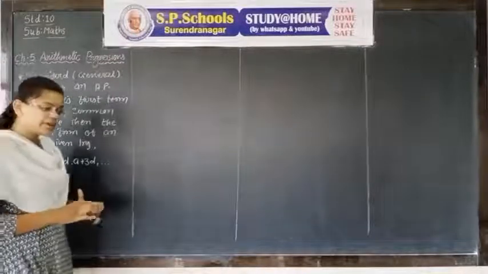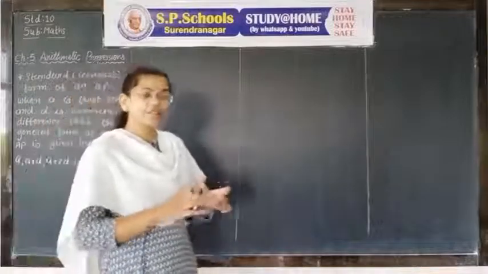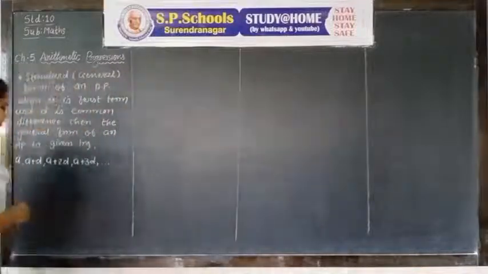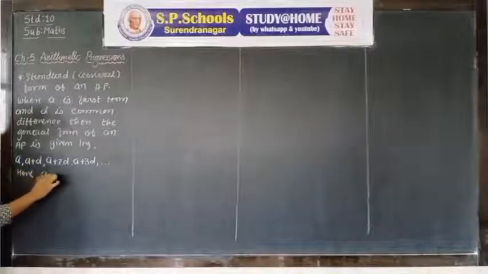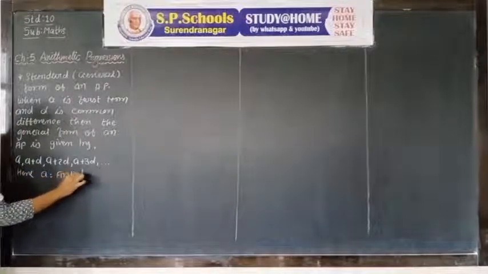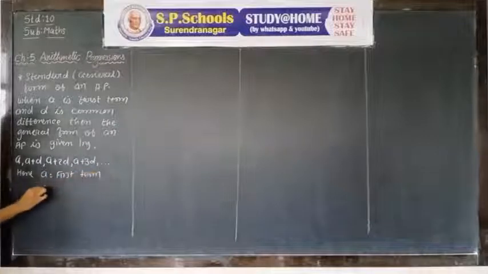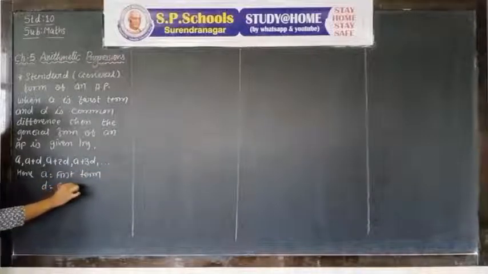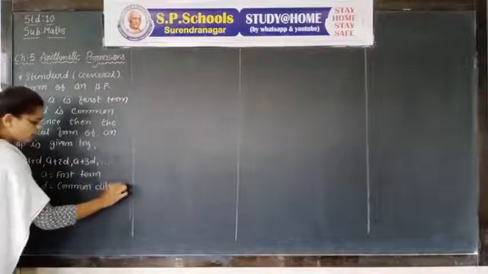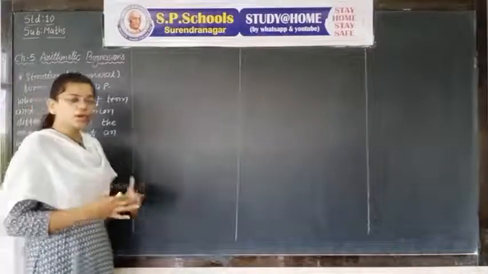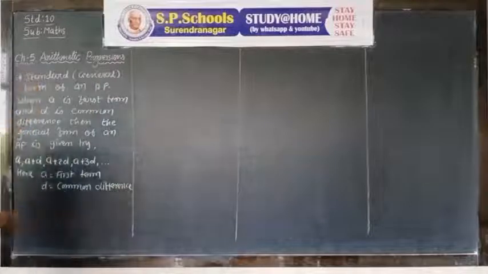Whenever the AP is finite, its general term is called the nth term. Here A is equal to the first term, D is equal to the common difference. The common difference is obtained by subtracting two consecutive terms of an AP.